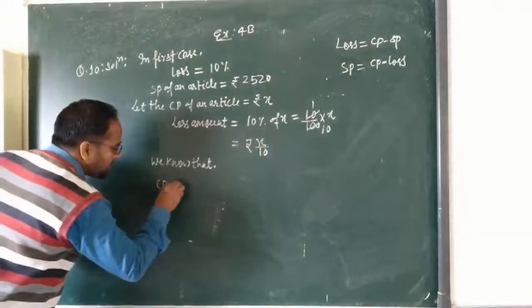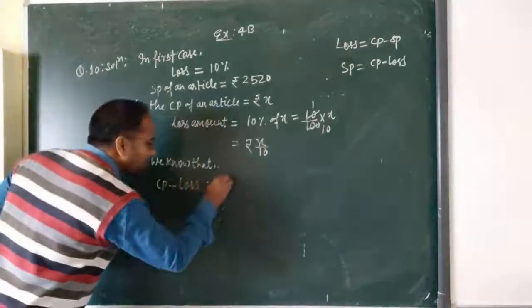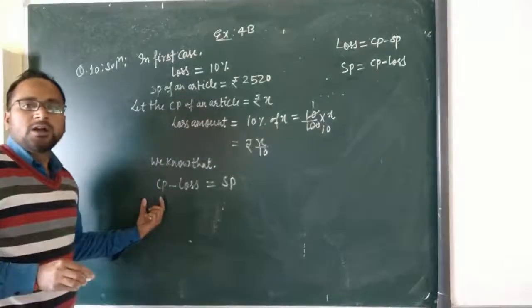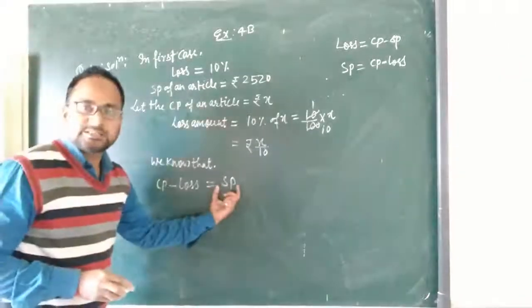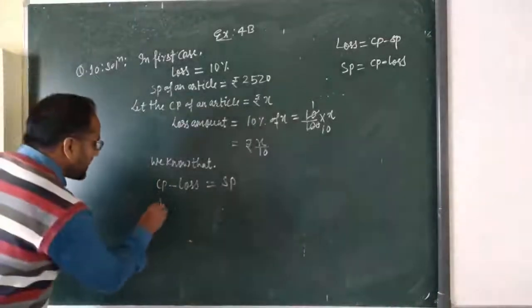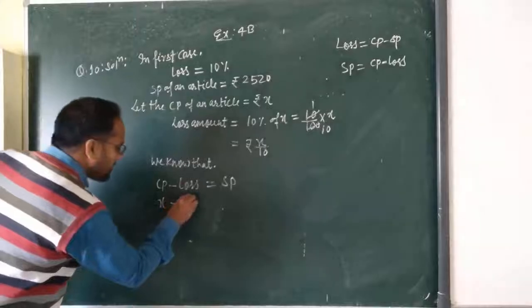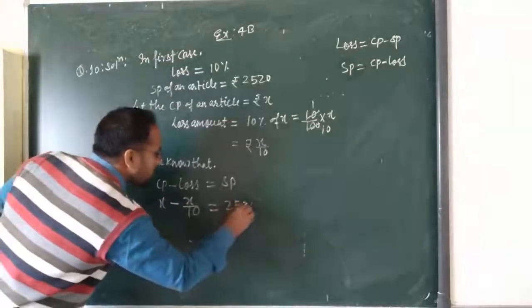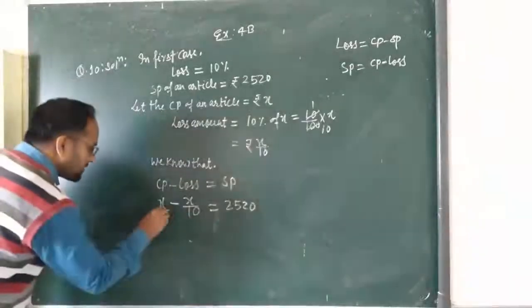If you subtract the loss from the cost price, you will get the SP, in case of a loss, students. So CP is x minus loss amount x upon 10 is equal to SP, which is given as 2520, students. Solve this one.